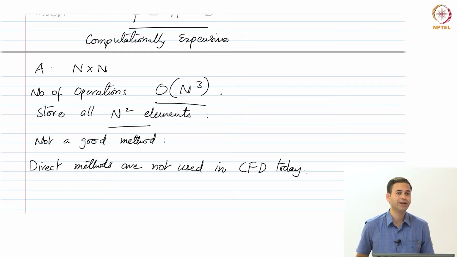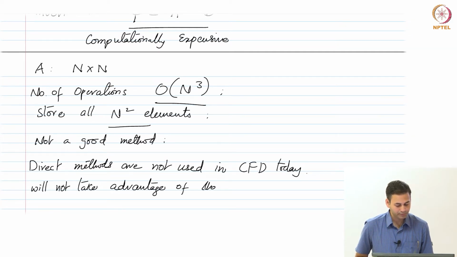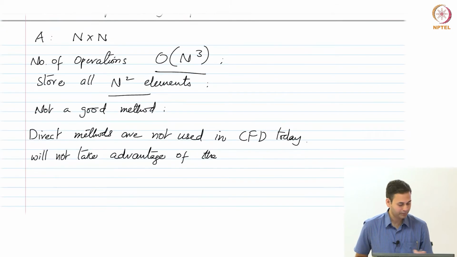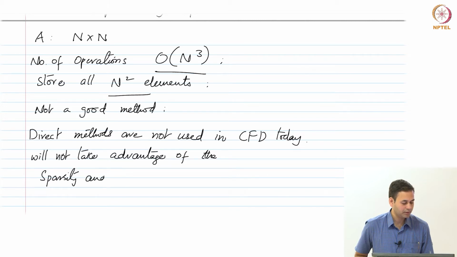That is because the direct methods will not take advantage of the sparsity and banded nature of matrix A, okay.